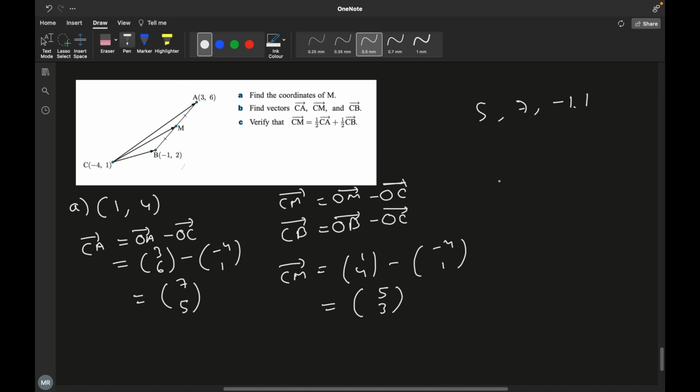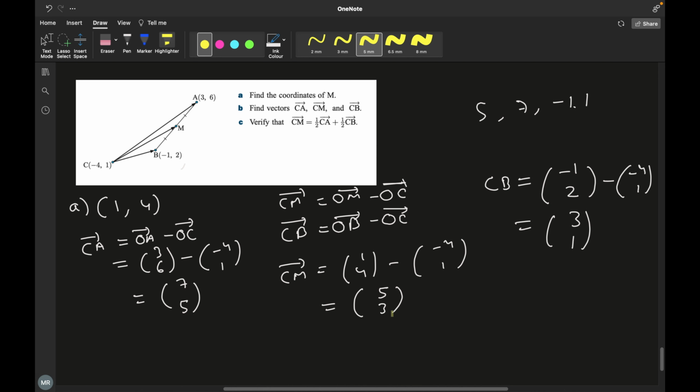And CB is OB minus OC. OB is (-1, 2), minus OC, (-4, 1). This is going to be negative 1 plus 4, so (3, 1). And now let's verify this. We have CM here. Let me just highlight this.